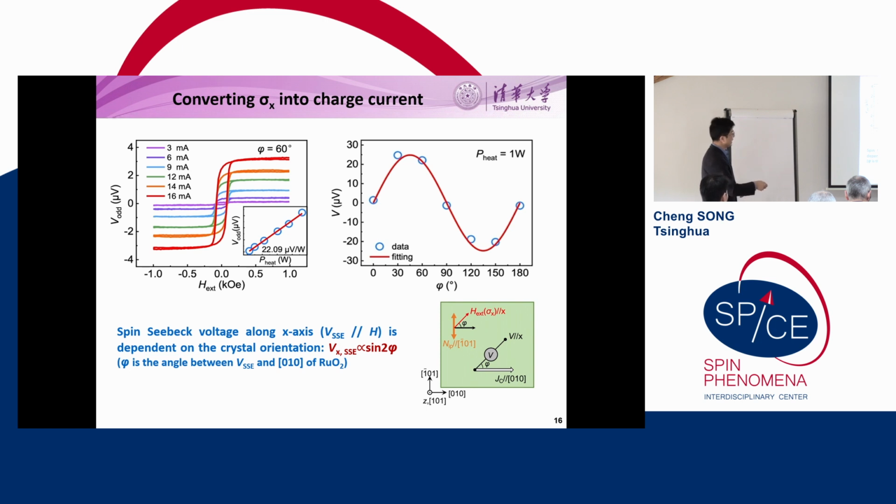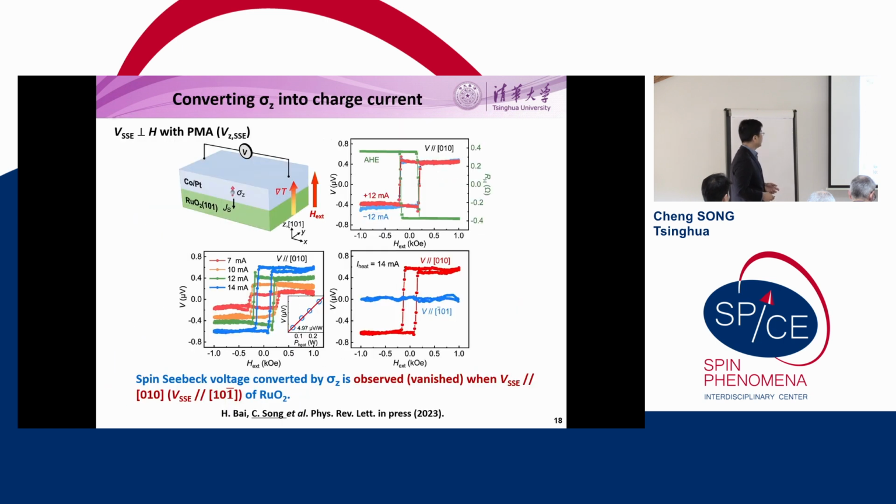For example, for 90 degrees, the device is along the -101 direction, and there is no charge current along that direction. So both 0 degree and 90 degree show almost no voltage signal here.